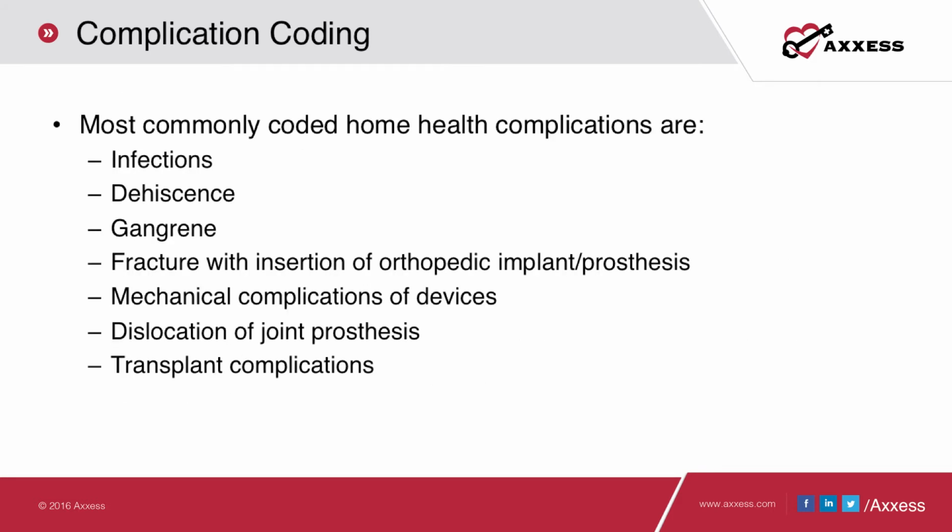Let's talk about some of those most commonly coded home health complications. Like we mentioned before, these are primarily codes such as infections, dehiscence, gangrene, fracture with insertion of orthopedic implants or prostheses, mechanical complications of devices, dislocations of joint prostheses, or transplant complications.